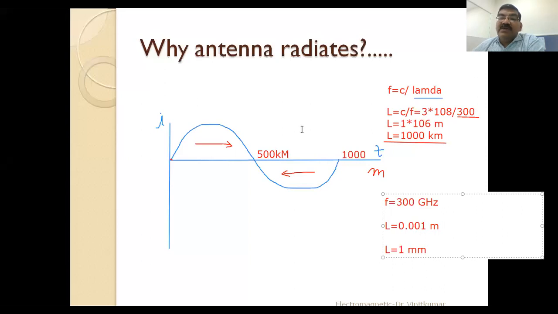For whatever frequency you are using, if you are using 300 hertz, the wavelength is 500 kilometer, so the size of the antenna should be 500 kilometer. If you are using 300 gigahertz, then it is 0.5 mm. So this much difference is there.